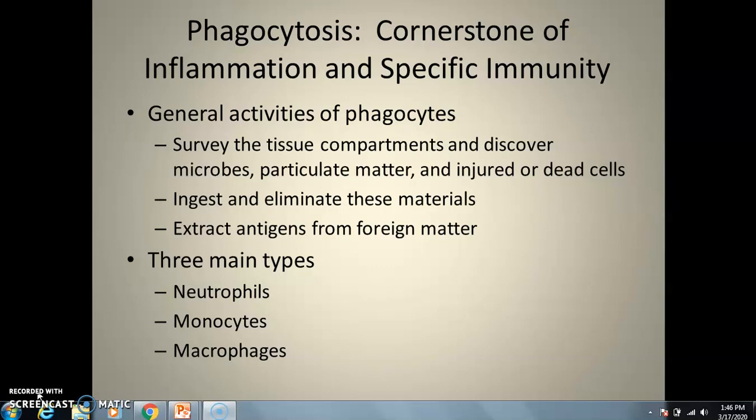They're also responsible for extracting little bits of those dangerous pathogens, pulling out what is called antigen, that's going to stimulate the third line of defense, so we can have some memory of that interaction for later. But that part of phagocytosis is part of the third line of defense, which will be discussed in the next series of videos.